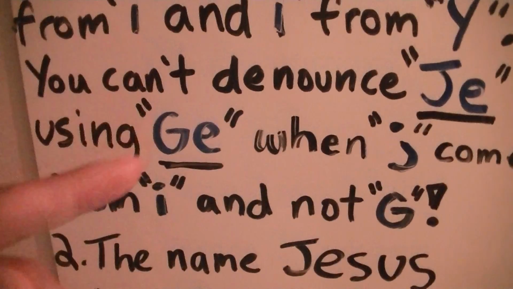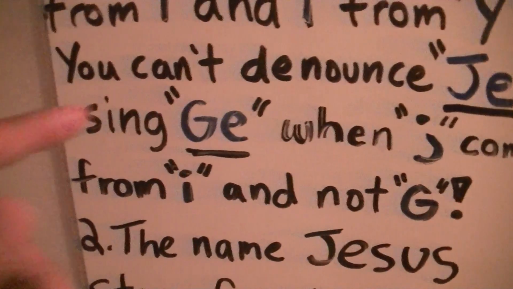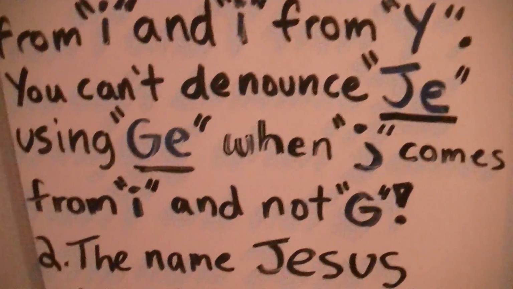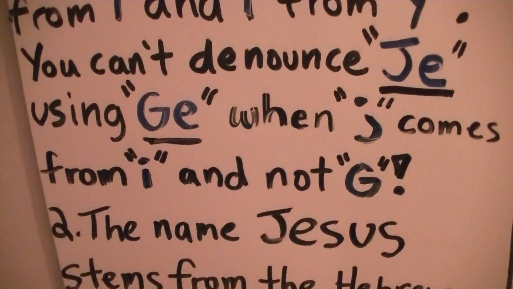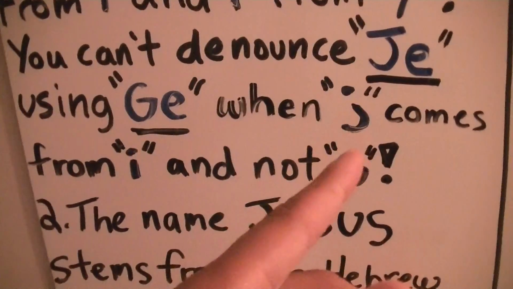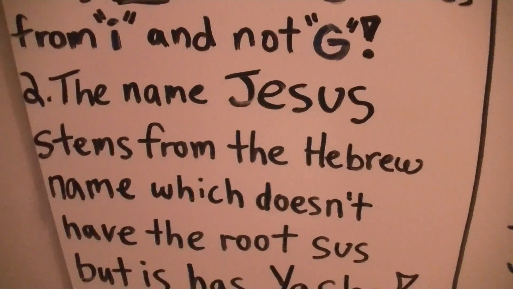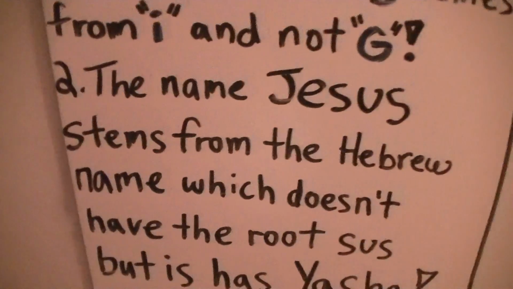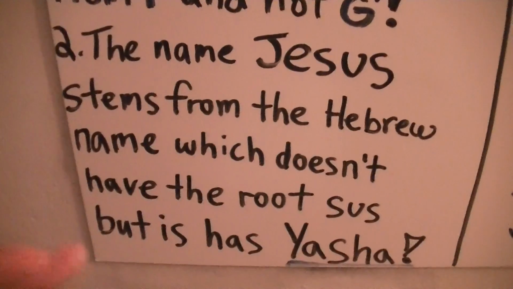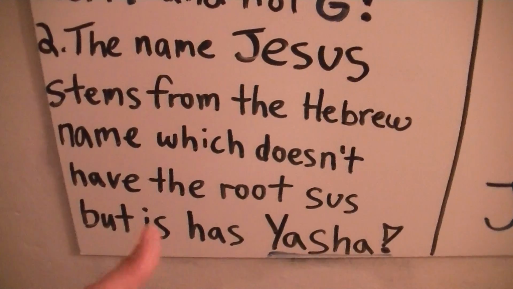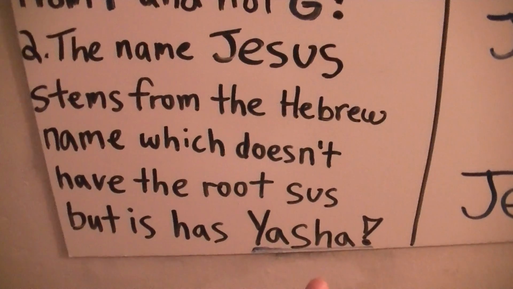But the letter J does not stem from the letter G, yet that's what they're using to denounce the name Jesus, which shouldn't be so, okay? Because the letter J does not come from the letter G. All right. Then the other thing is the name Jesus stems from the Hebrew name, which doesn't have the root word sus, but it has the root Yasha.